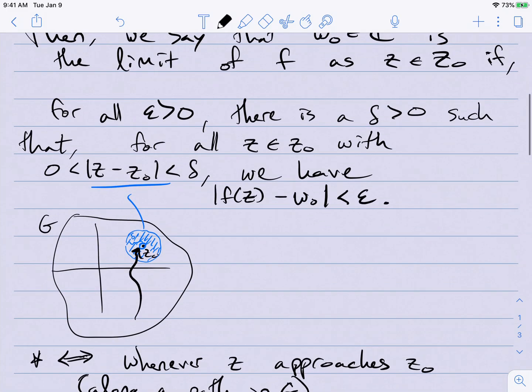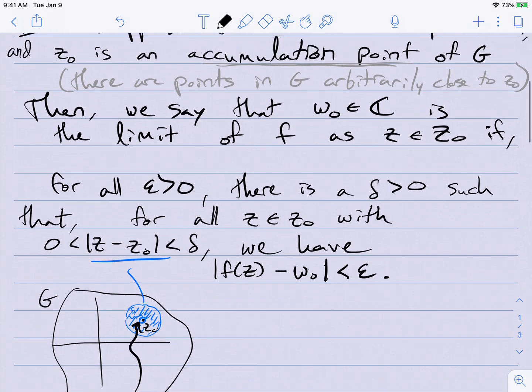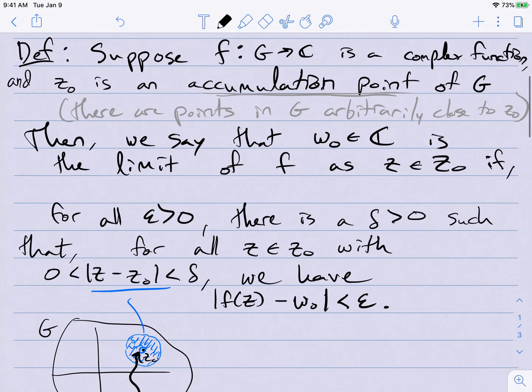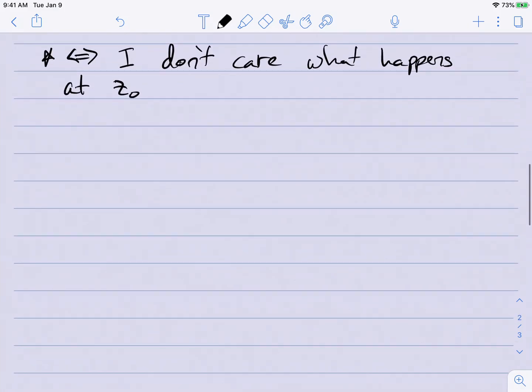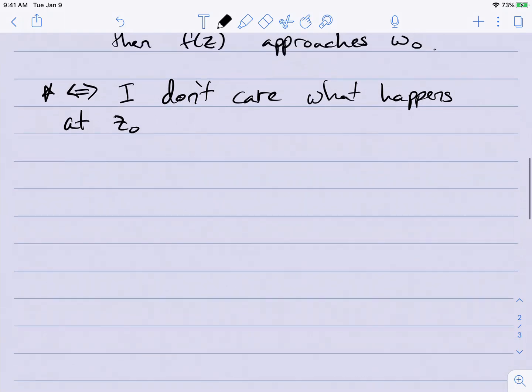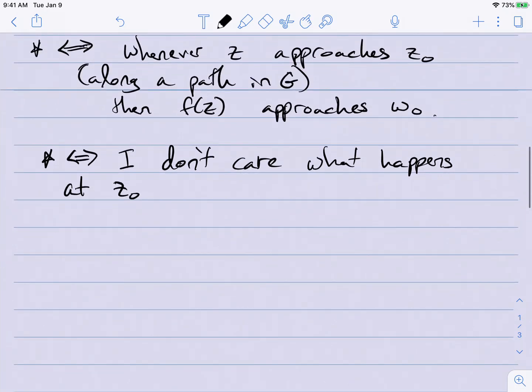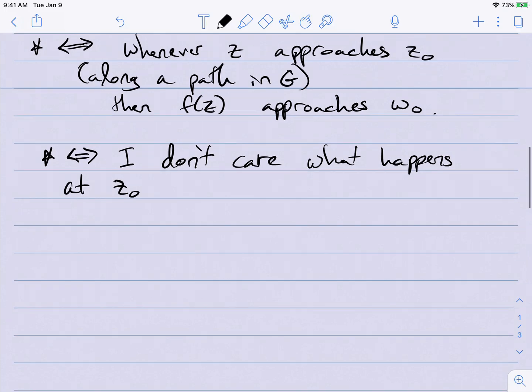Its domain is G. All z naught has to be is an accumulation point of G, but accumulation points of G don't have to be inside G themselves, so they don't have to be in the domain of f. There just have to be paths in the domain which approach z naught.